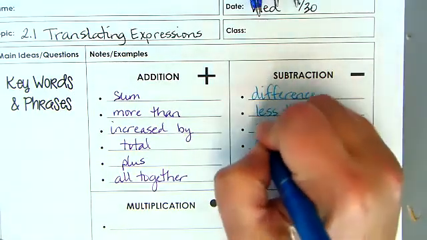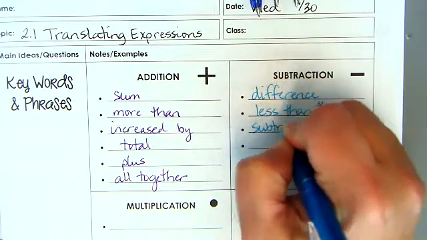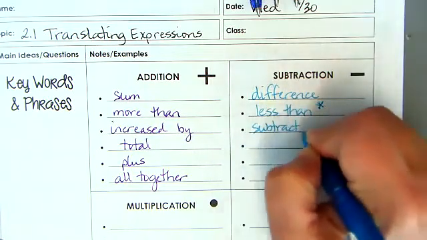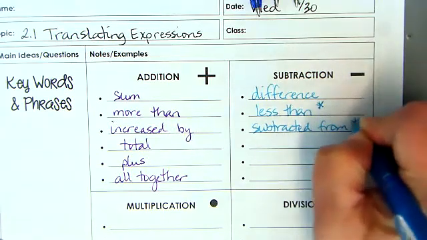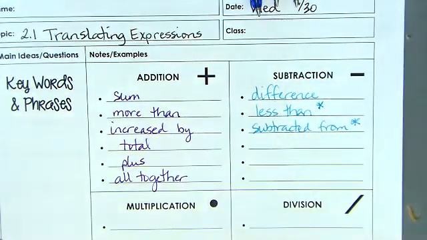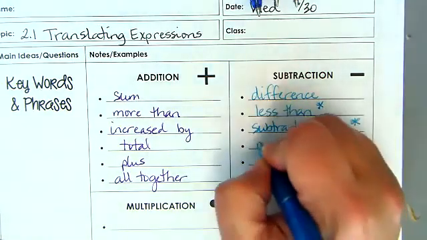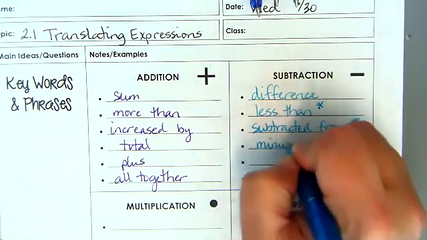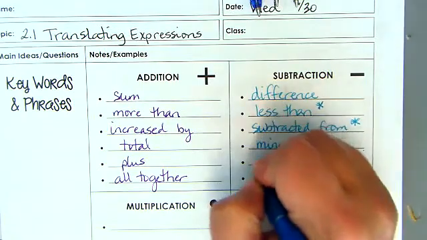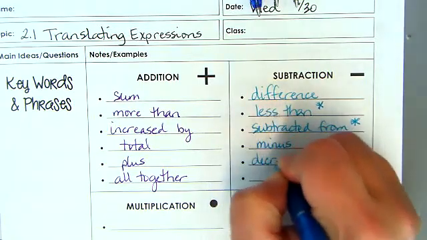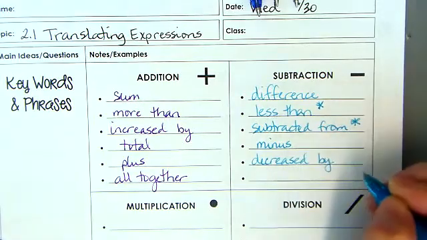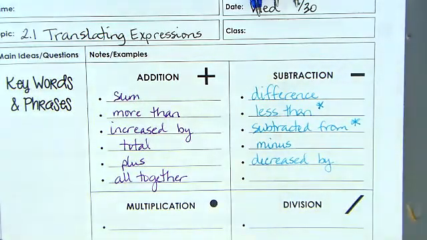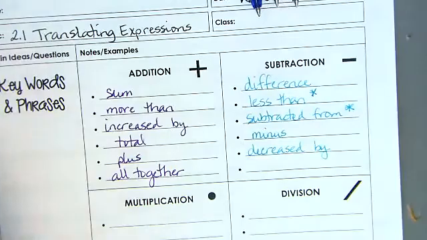Less than and subtracted from are special characters. We have to pay special attention to how we write these. And then the next is minus, decreased by. If you can think of others, you're more than welcome to add them. This is your reference. This is your notes.